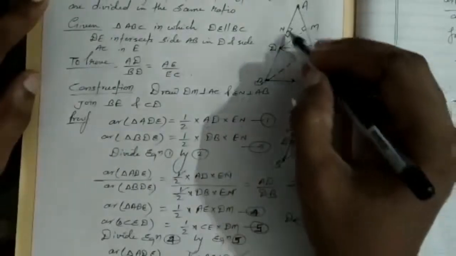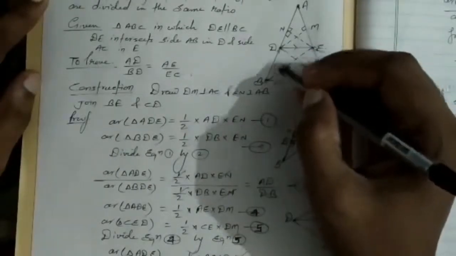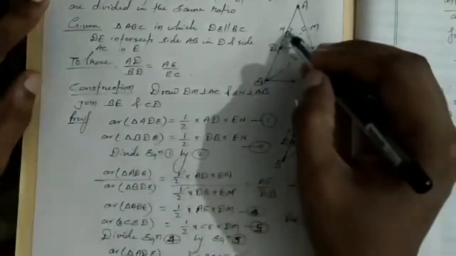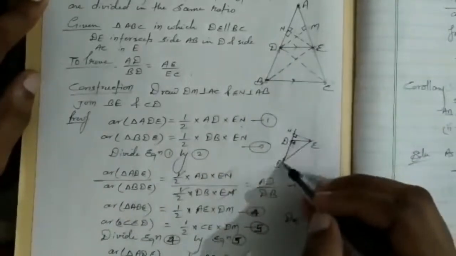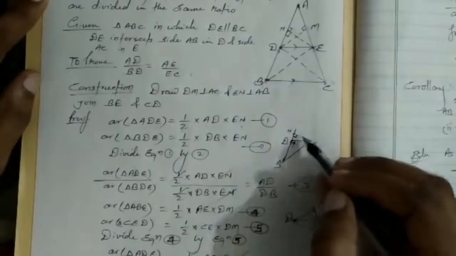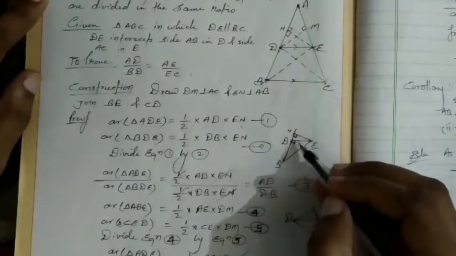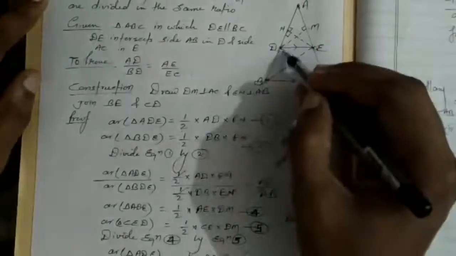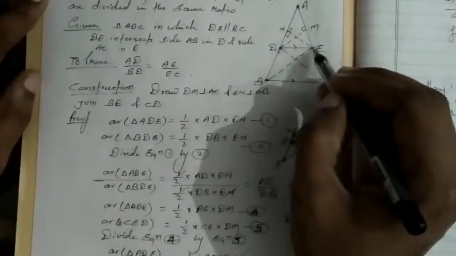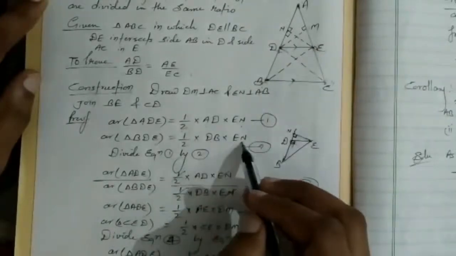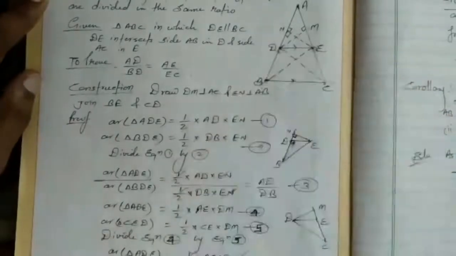Don't get confused that I have drawn this EN line after BD, means on extending BD further. This will remain the height of the triangle. This we cannot take as height because this is not perpendicular. This is perpendicular. So 1 upon 2 base into height. DB is the base and the height is EN.